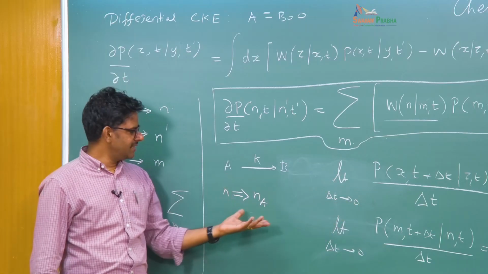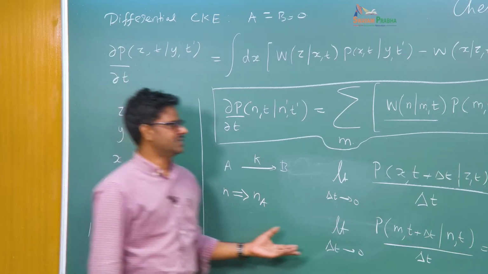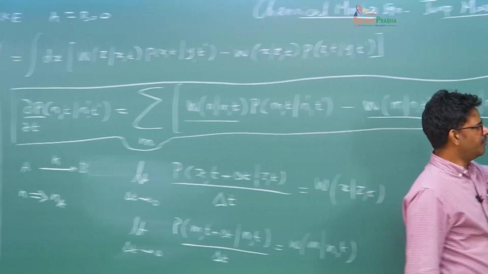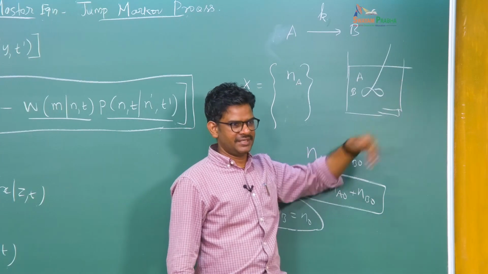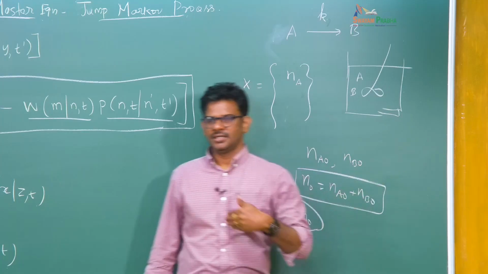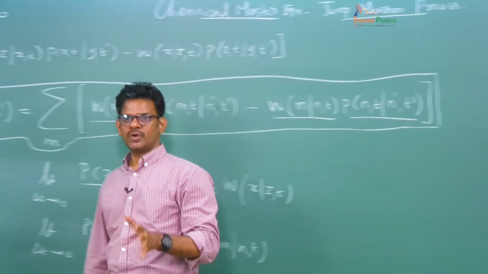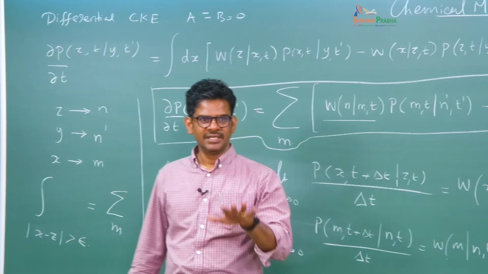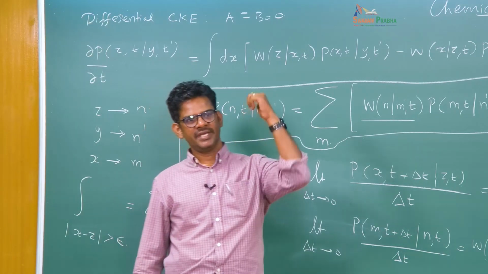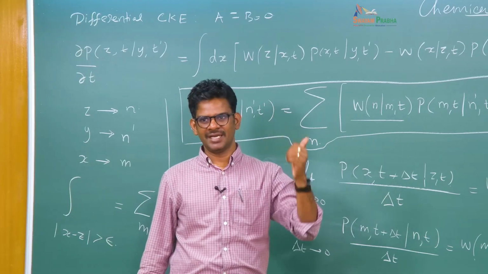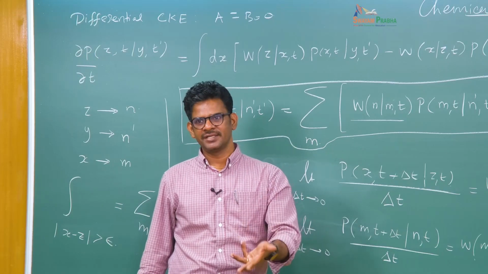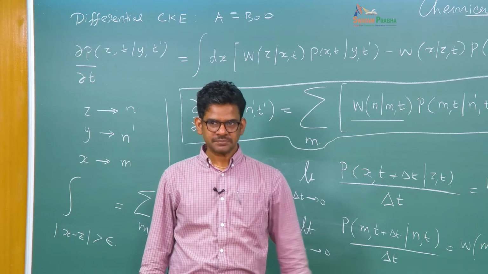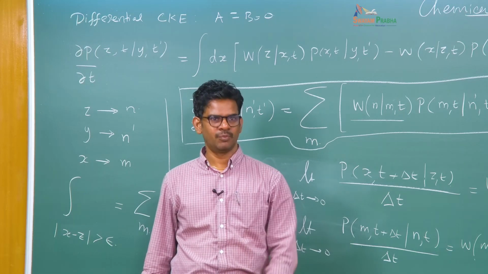I can say it's a Markov process because if I look at this reactor at any point of time t, if I have n number of molecules, in the next time interval the reaction rate will depend only on the number of molecules currently present. It does not depend on what was there two time steps behind. That is irrelevant. The next moment, how many molecules are going to react depends only on how many molecules are present at this point of time.